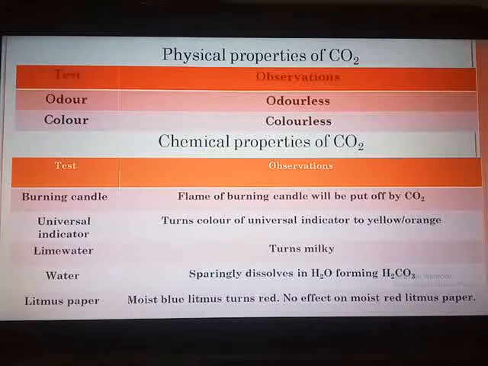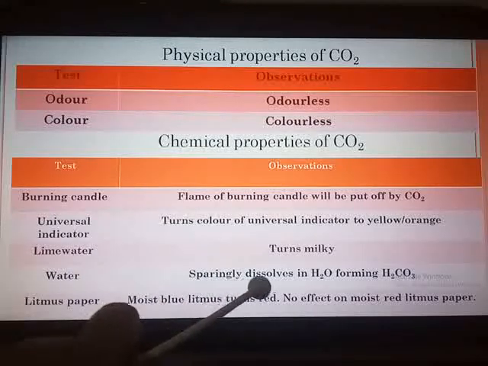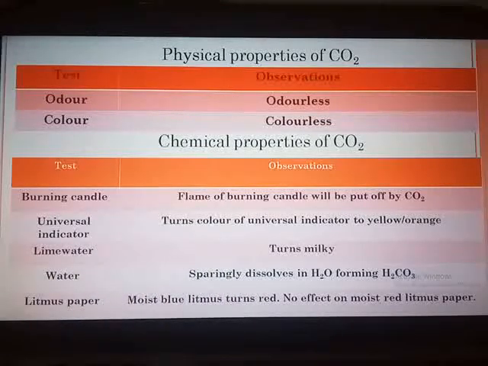About its reaction with universal indicator, it was found that the color of the universal indicator turns to yellow or orange. When lime water was allowed to pass through the gas jar containing carbon dioxide, it turns milky. When tested with water, it was found that it sparingly, very rarely dissolves in H2O, forming H2CO3, that is carbonic acid.